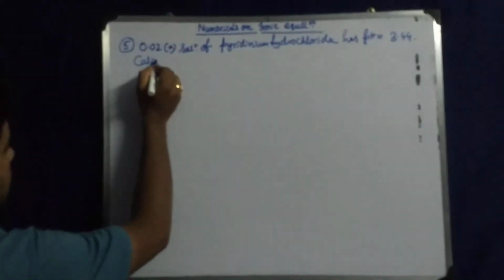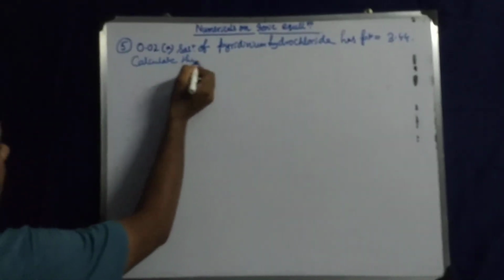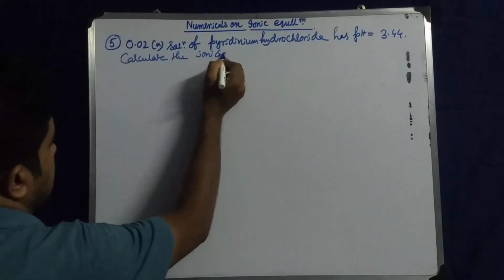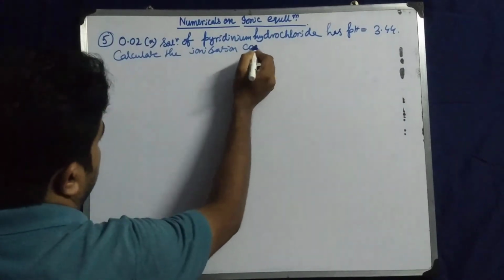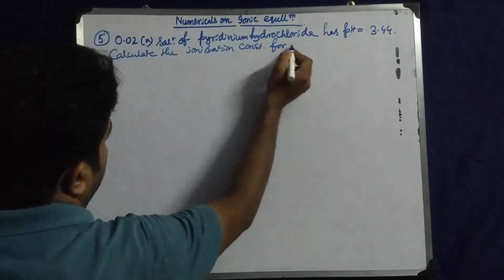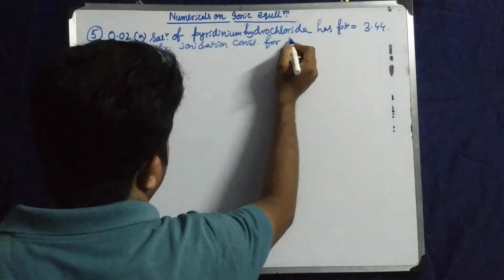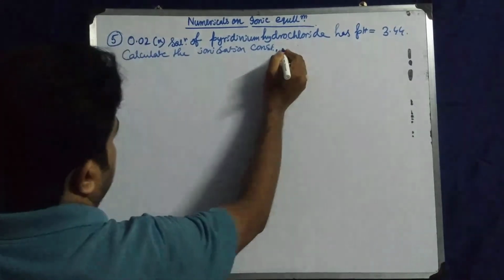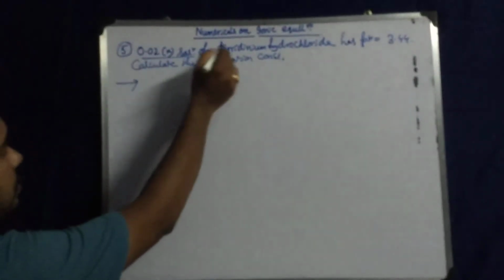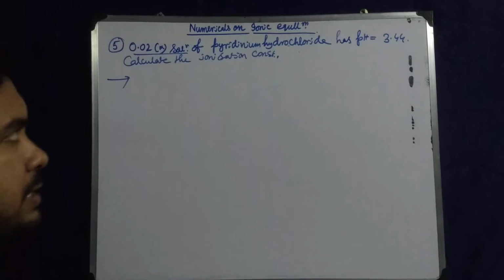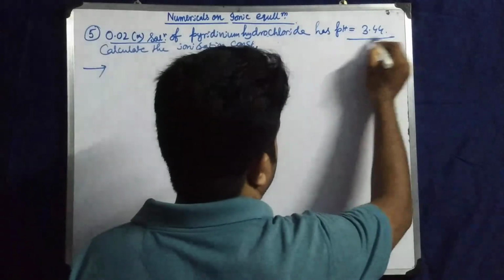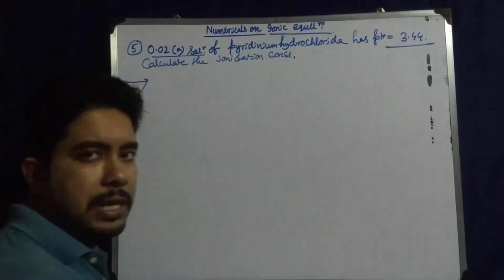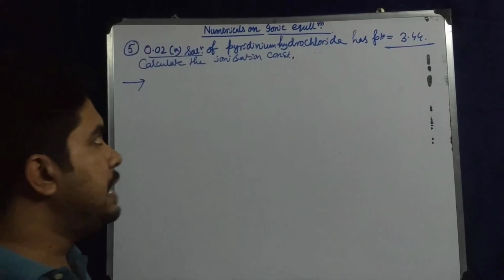Calculate the ionization constant for pyridinium hydrochloride actually. The concentration of the solution is given, no? It is clearly visible that the salt solution is acidic in nature. That's why 3.44 is the pH of the solution.